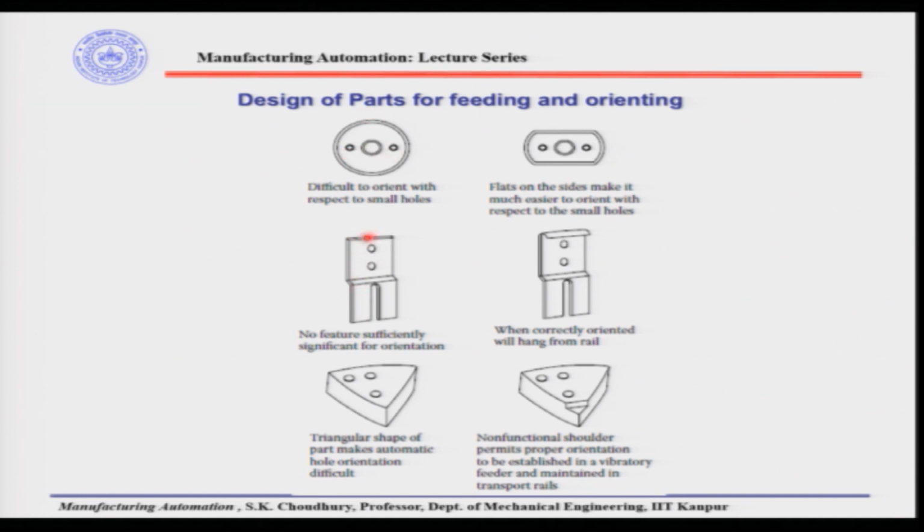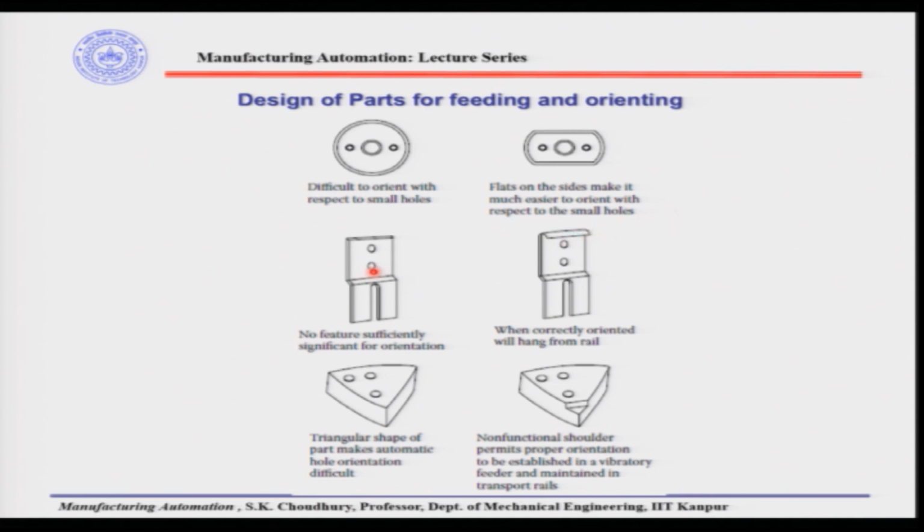Look at this part, for example. If we change the part design in this way, so that there is a hook kind of a thing introduced here in the design, in that case this part can be fed to the assembly machine when it is hanging on a wire, for example.